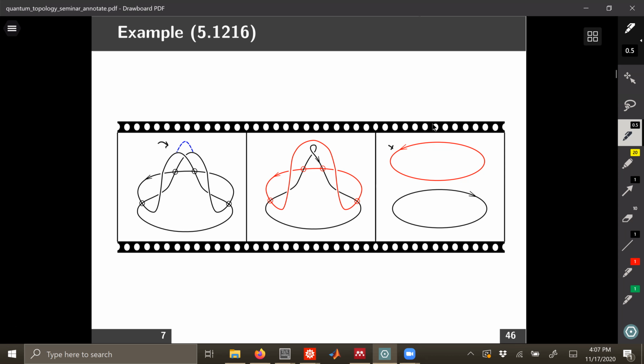That means, if you keep track of what you're doing, that you have a concordance to the unknot because the Euler characteristic is equal to 0. And so, sure enough, we have a concordance between the knot 5-12-16 and the unknot. We would then say that 5-12-16 is slice.